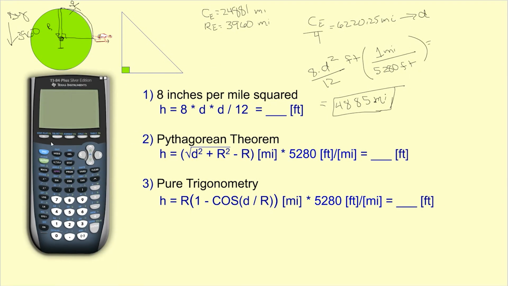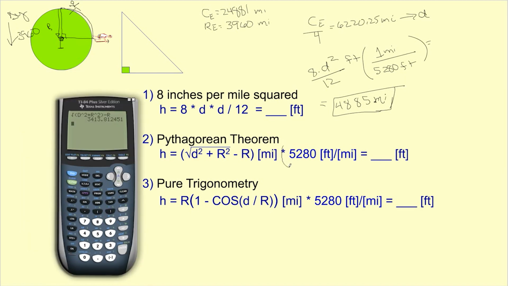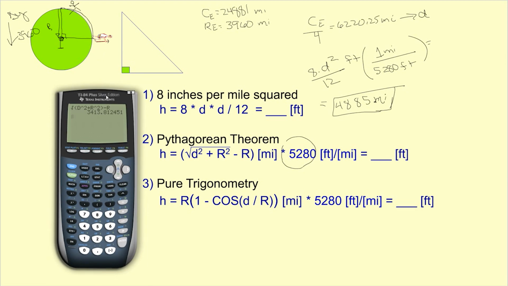All right, Pythagorean Theorem says we do square root of d squared plus r squared, take that quantity minus r, the radius. Now we're keeping it there. We're not going to use this conversion over here because we don't want it in feet. We're fact checking now. We're doing a math check.